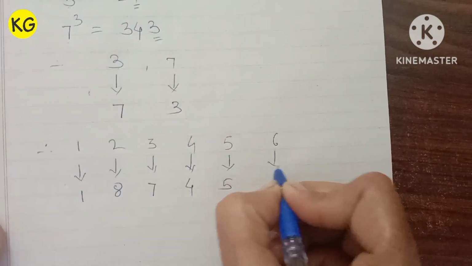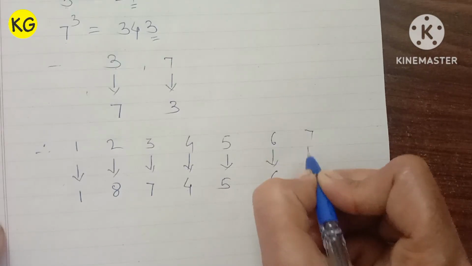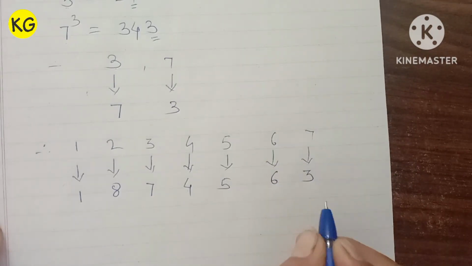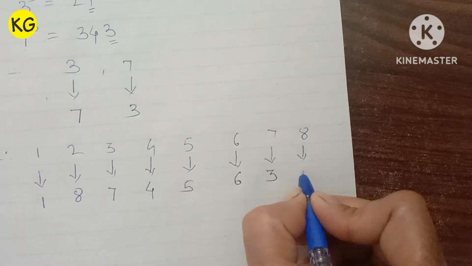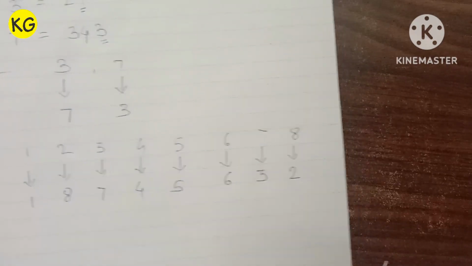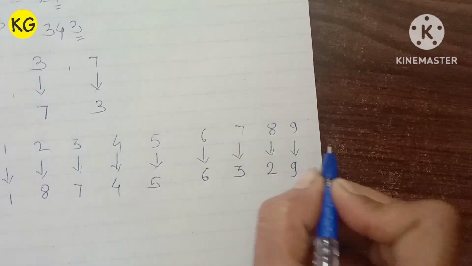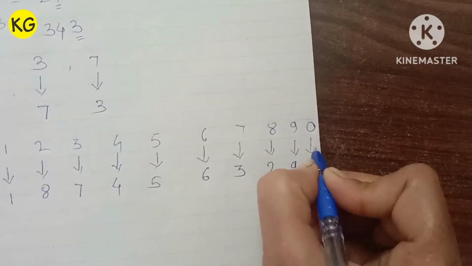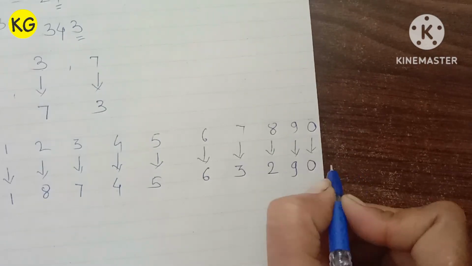If 6, it is 6. If 7, then the cube root contains 3 at its ones place. If 8, then the cube root contains 2 at its ones place. If 9, then it is 9, and if 0 is at the ones place, then the cube root of that number contains 0.